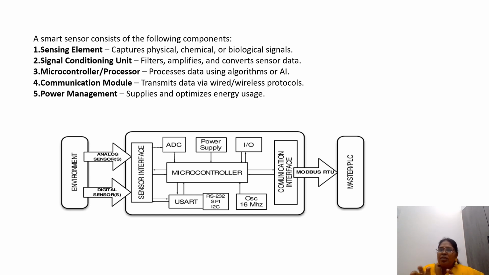After the microprocessor processes the data, we need to communicate, so we transmit the data via Bluetooth, wired protocols, or wireless protocols. Then we need to supply and optimize the energy, how much energy is used. Power management is very important. So this completes the smart sensor. We'll see one by one what the sensing element and the others are.